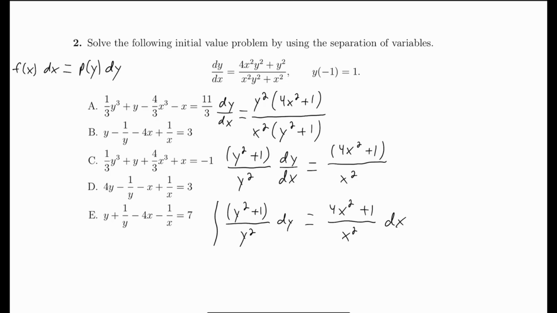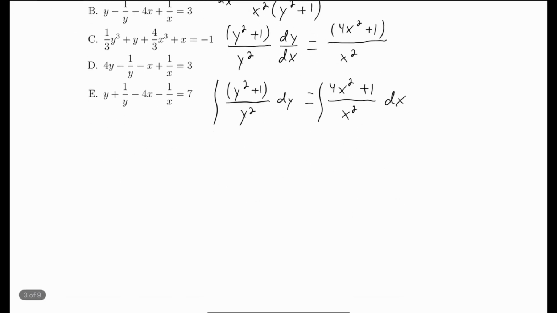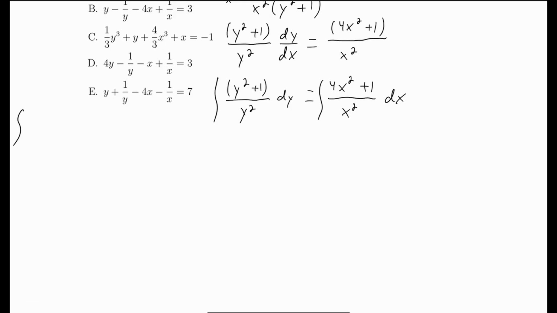Throw an integral there, and we already have our differentials from the dy and the dx. The easiest way to do this is just separate out your fraction terms. So on the left side, we've got the integral of y squared over y squared is 1 dy plus the integral of 1 over y squared, I'll write that as y to the negative 2 dy.